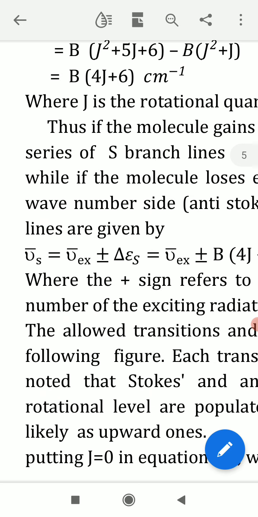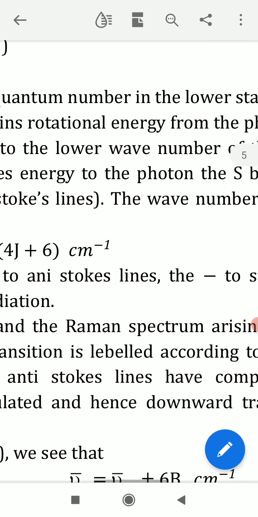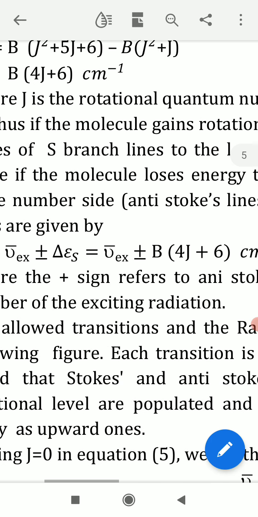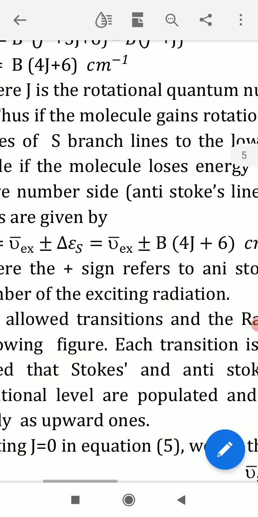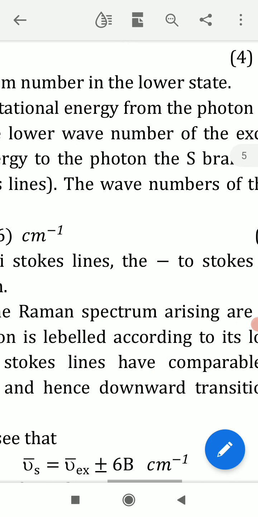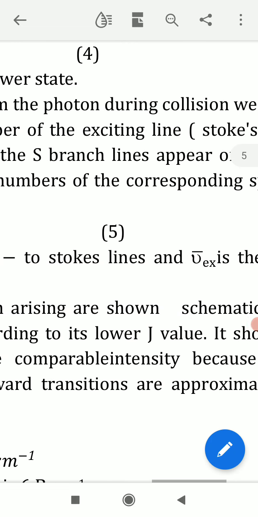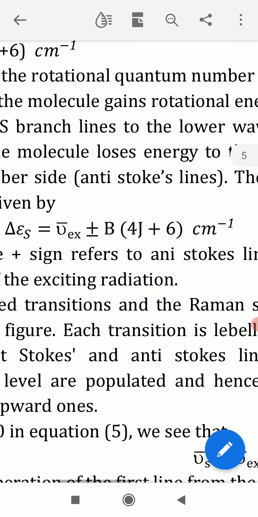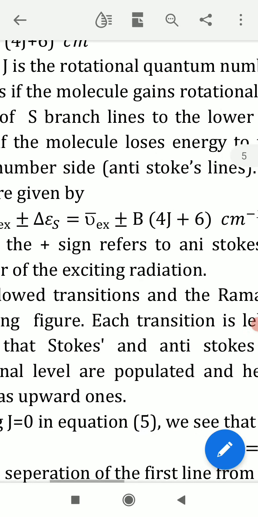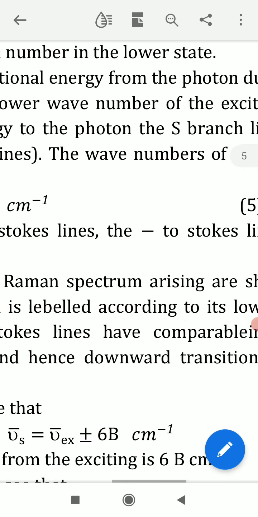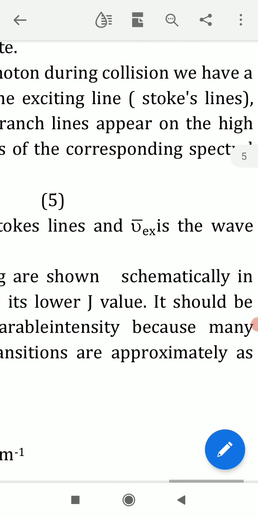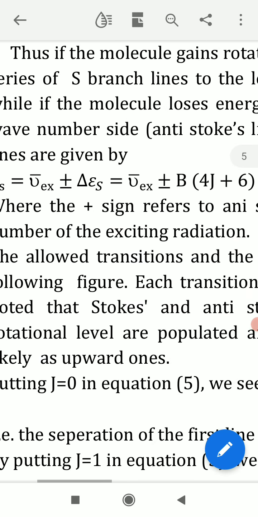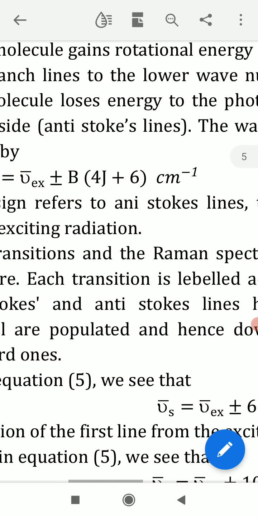Thus, if the molecule gains rotational energy from the photon during collision, we have a series of S branch lines to the lower wave number of the exciting line, that are Stokes lines. While if molecule loses energy to the photon, the S branch lines appear on the high wave number side, that are anti-Stokes lines.